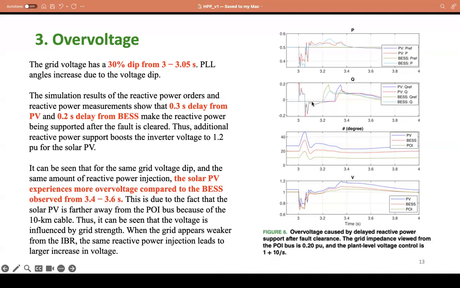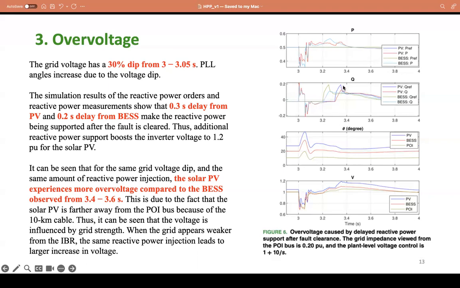If we put 200 milliseconds delay, then the order now will move up, right? Because they sensed the voltage dip and now move up. So it's too slow, and then voltage will increase. In this case, voltage will increase after the fault cleared, and at 3.2, after about 200 milliseconds, the voltage will start to increase.